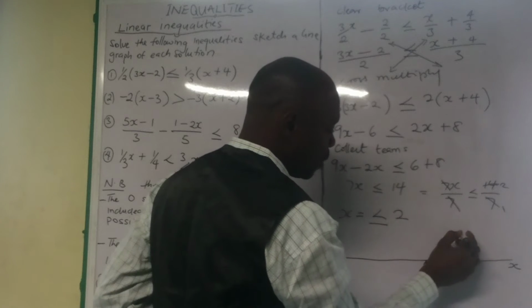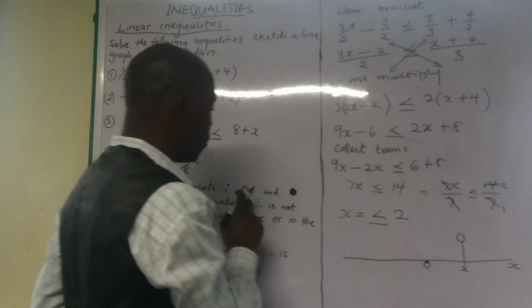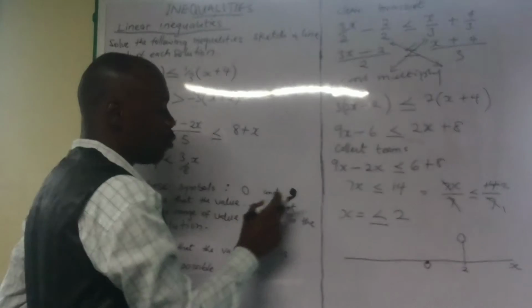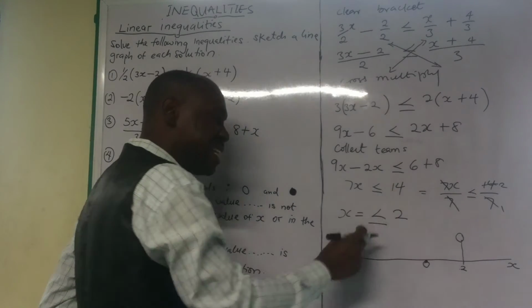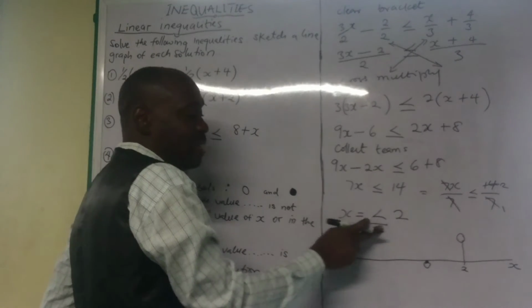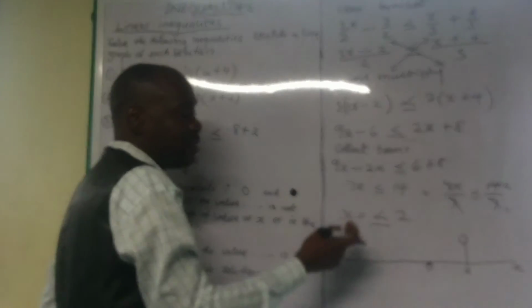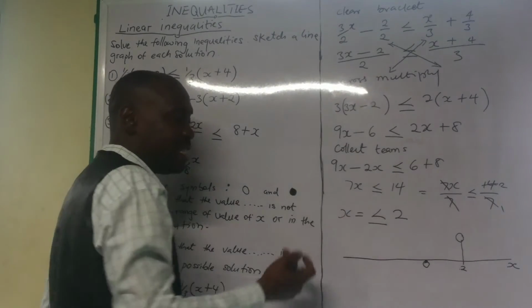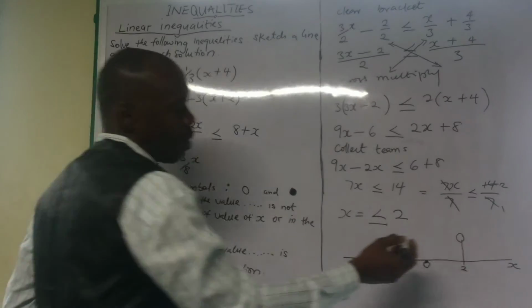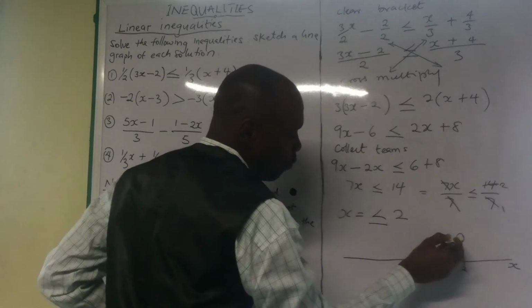Then we now put this symbol that we talked about. So how do we know which one we should put? Because this one has less than or equal to, the down part of the sign shows that it's equal to that same 2. And see where this arrow faces to this side. So our 2 now will face like this.